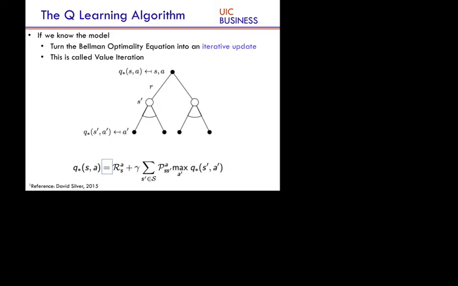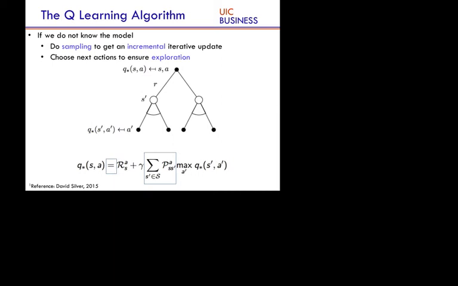It doesn't explode or behave in a bad way, and those numbers will actually be Q stars. So that's the iterative algorithm if you know the model, and it's called value iteration, in this case Q value iteration. There's also the state value iteration algorithm, which is pretty similar, except the update equation is slightly different.